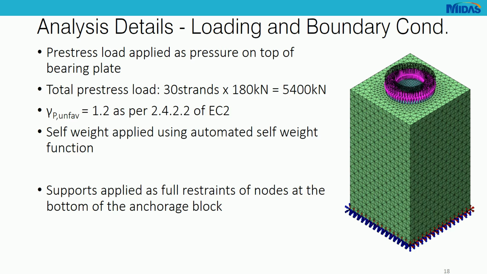We have also used a factor of 1.2 for favorable load as per Eurocode 2. Also, the self-weight was applied using the automatic self-weight function, and the supports are applied as restraints to the nodes at the base of the concrete block.